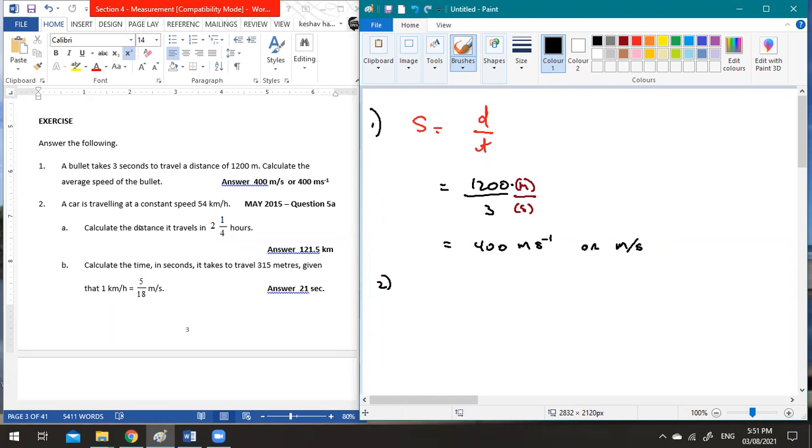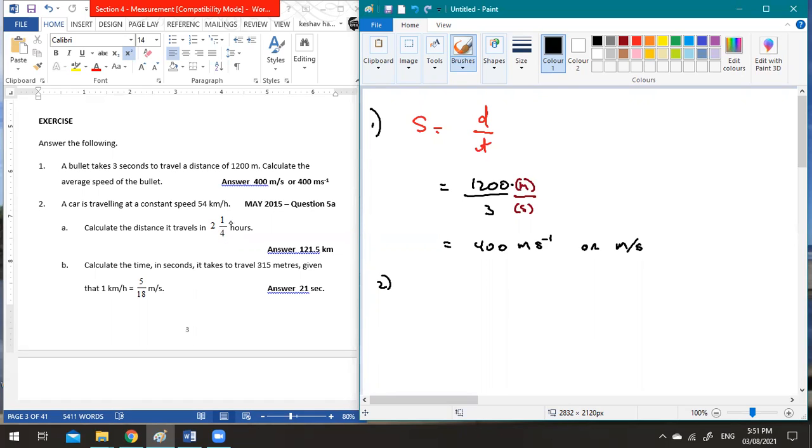Question 2. A car travels at a constant speed of 54 kilometers per hour. This is a past paper question. Calculate the distance it travels in 2.25 hours. Now, the time is in hours, right? So 2.25 hours is 2 hours and 15 minutes.